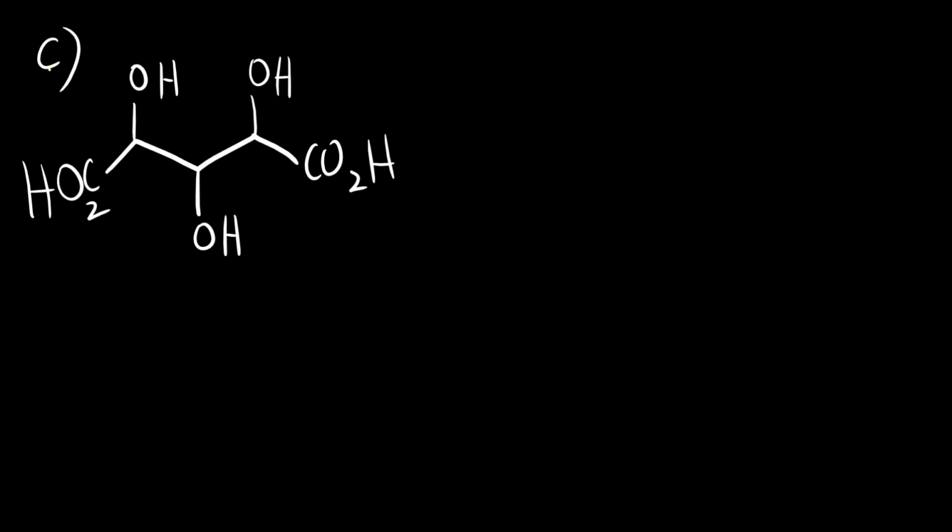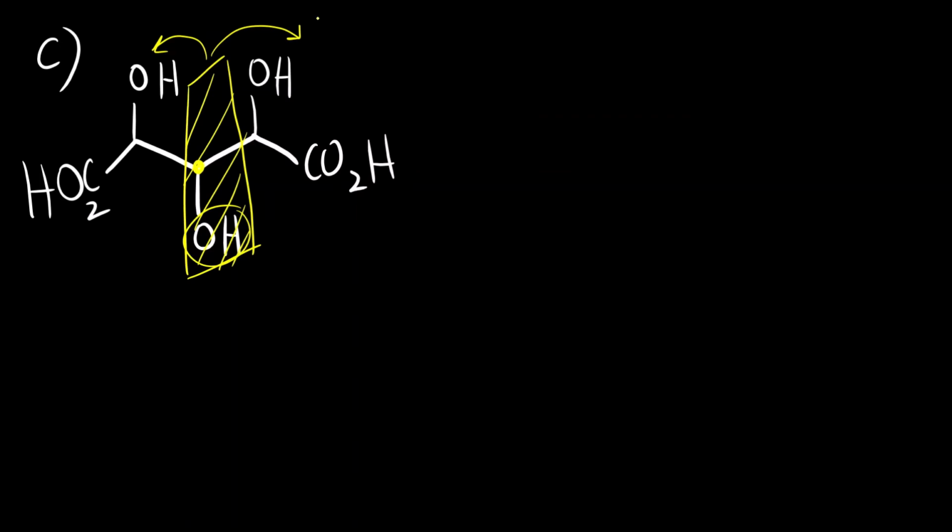Now let us see the third one. If I draw this plane containing this carbon and this OH group, is this plane a plane of symmetry? We call a plane a plane of symmetry when the groups on one side of the plane are exactly the mirror image of the other side.